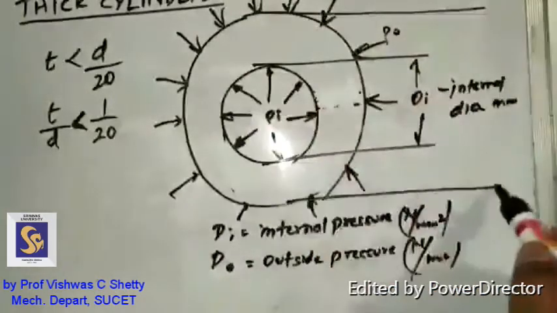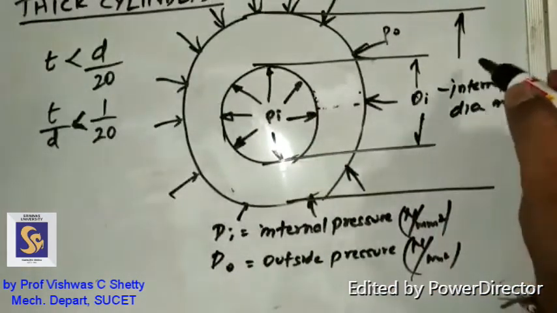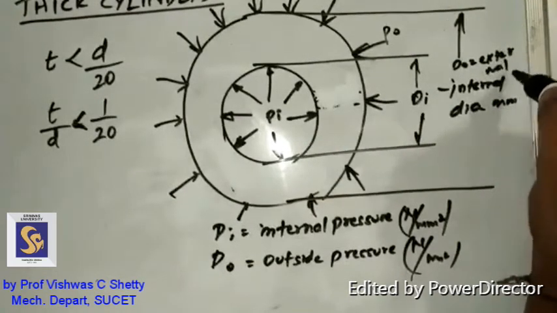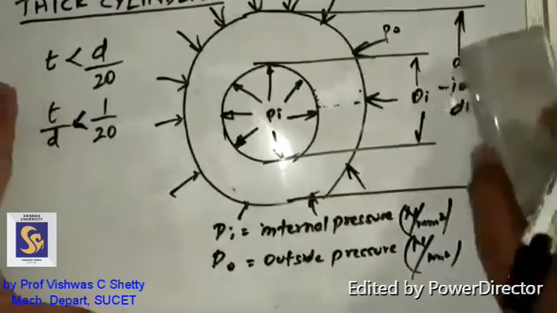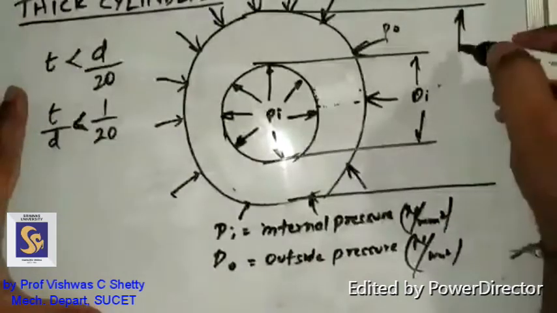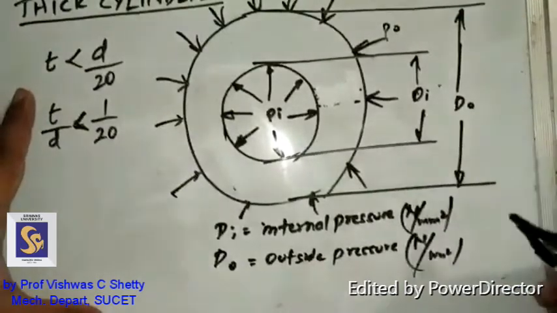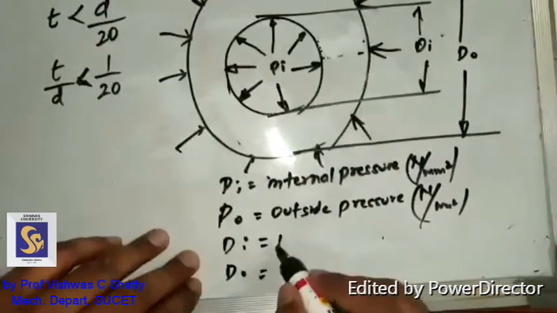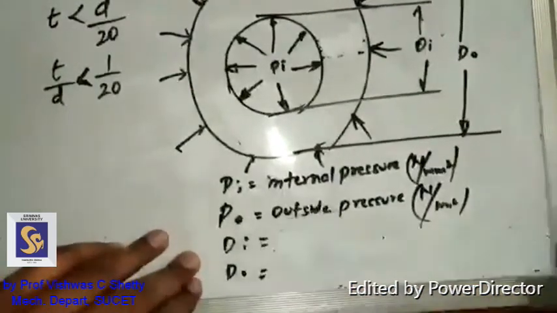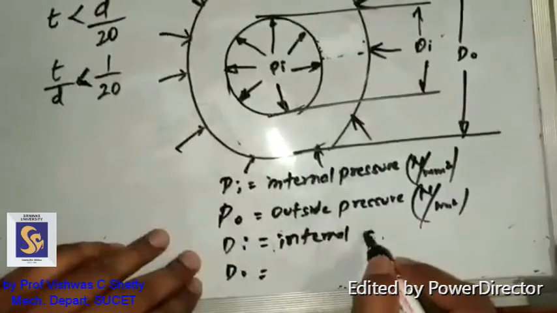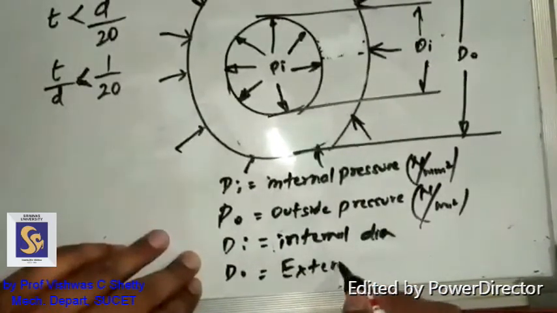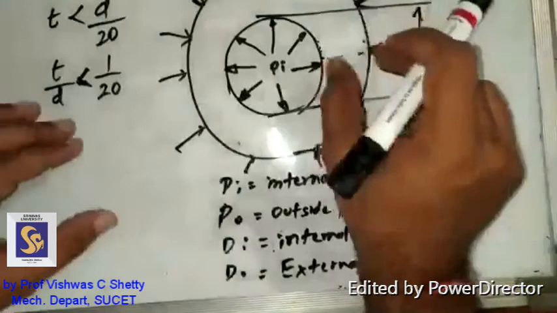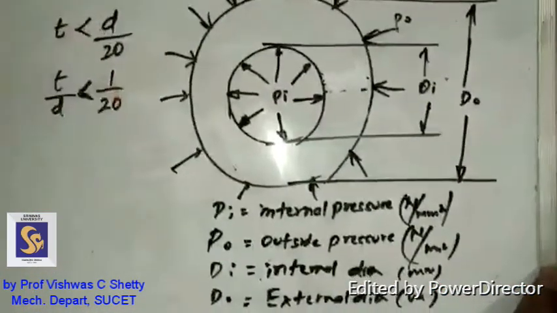Do is the external diameter in mm. T is the thickness.